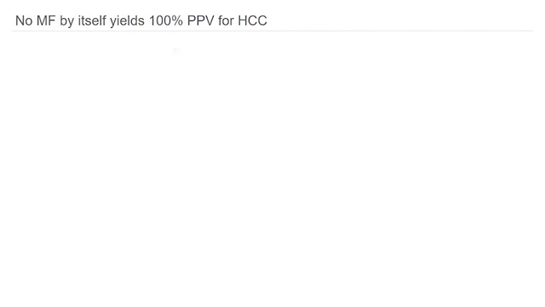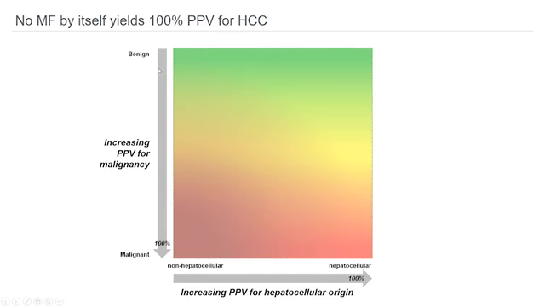Another thing to remember is that each and every one of the major features by itself does not yield 100% positive predictive value for HCC. We can illustrate it by creating a graph where on the y-axis we have increasing positive predictive value for malignancy, and on the x-axis we have increasing positive predictive value for hepatocellular origin.